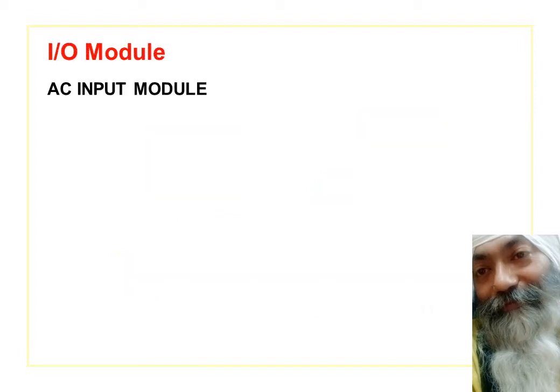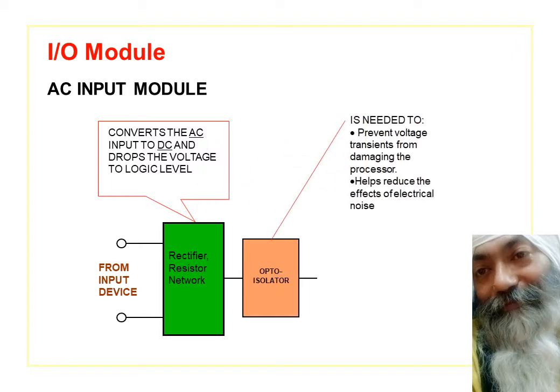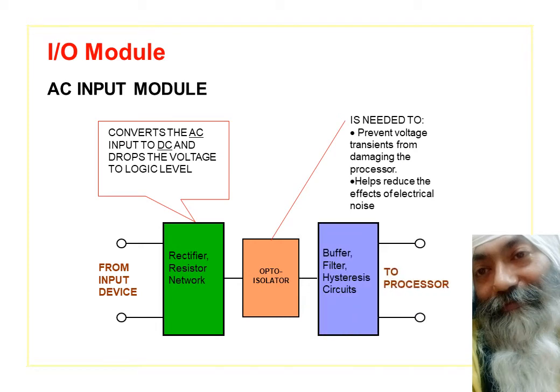Now, we may have a number of types of input modules. We start with the AC input module, which takes the device signal in the form of AC. It rectifies, it has a resistance network, it converts AC to DC, and it also drops it to the appropriate voltage to the logical level, which can easily be accepted by the processor. Again, we have isolators, and again we have buffers and filters, like in the previous case, which ultimately go to the processor.